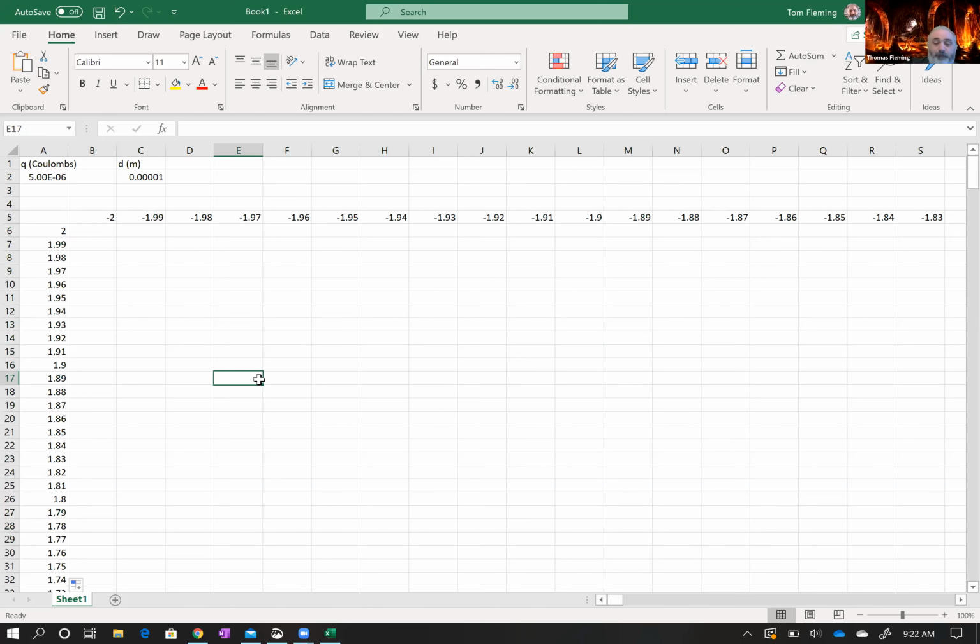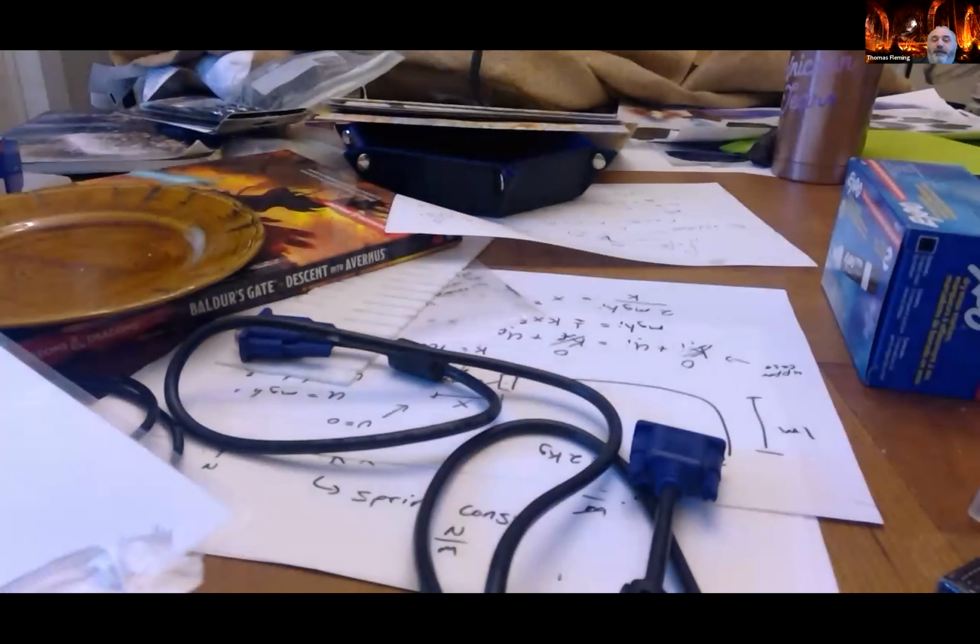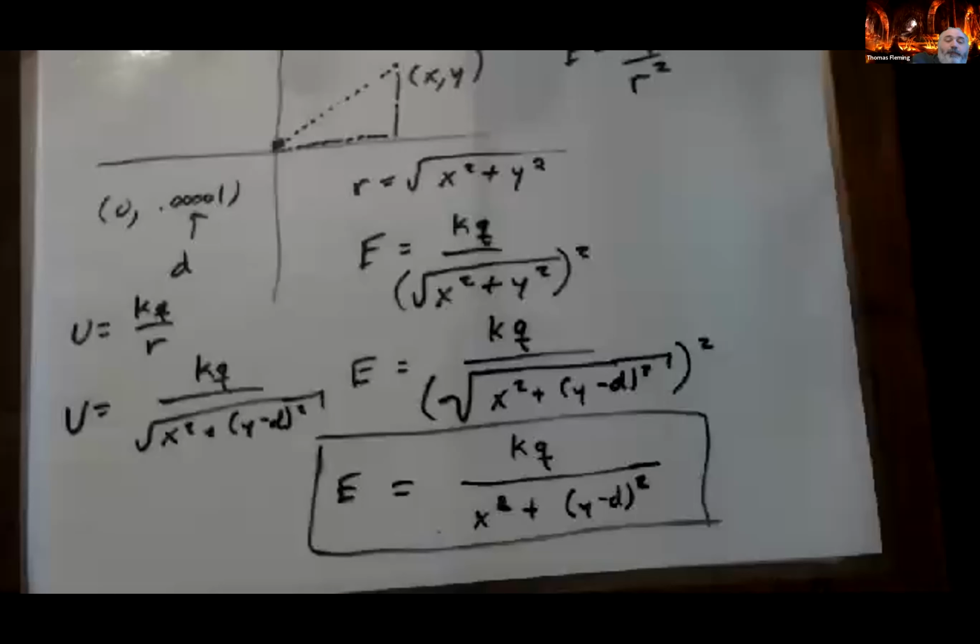All I've got to do is put in that formula that we were talking about previously into that sheet. So the formula that I want to put in there, if I want to calculate the electric field, is this. Now, you might say, well, gosh, Tom, how am I going to pull that off?